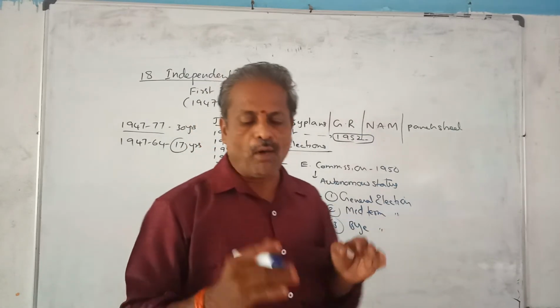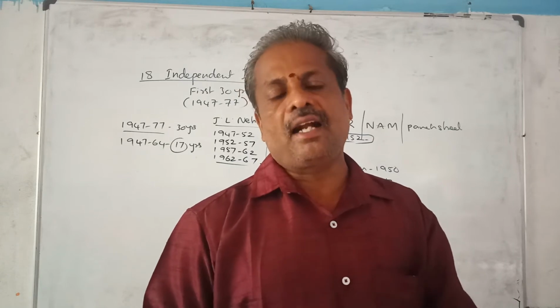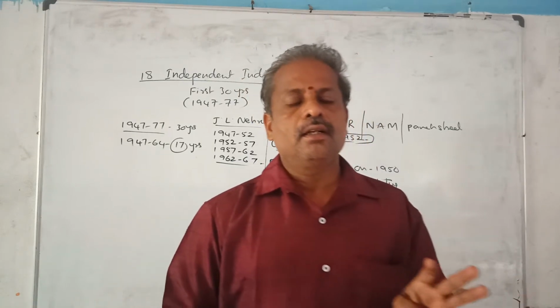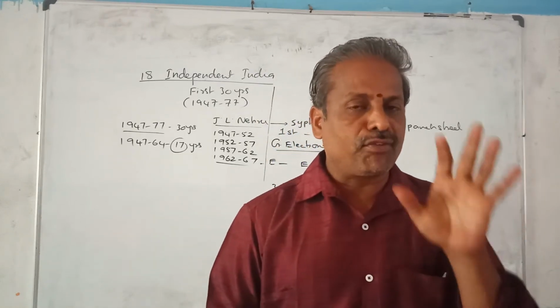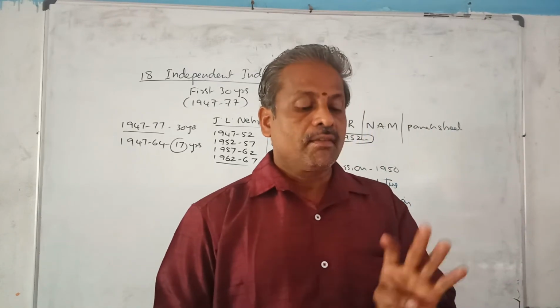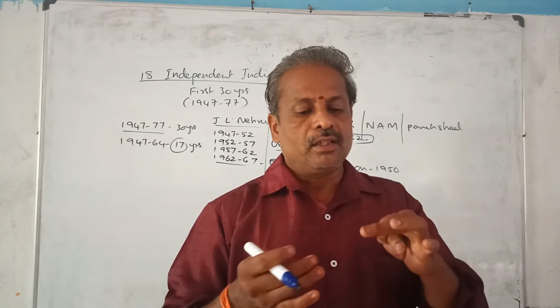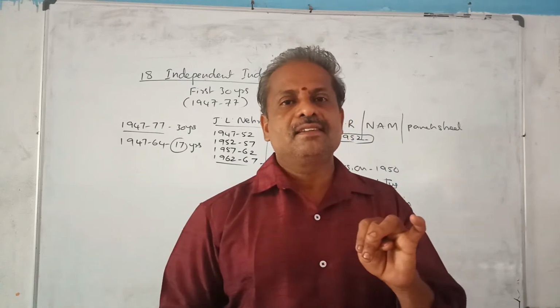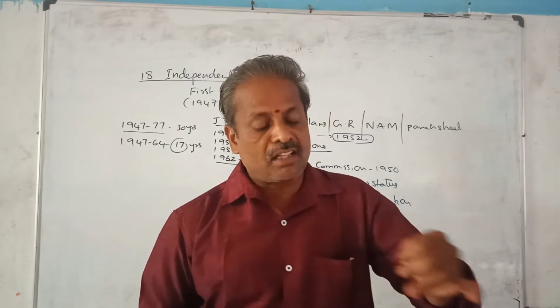Now we have to see what is the meaning of general election. An election conducted by Election Commission every 5 years once with regular intervals, and for the entire country, separately for states, separately for central, separately for local bodies.